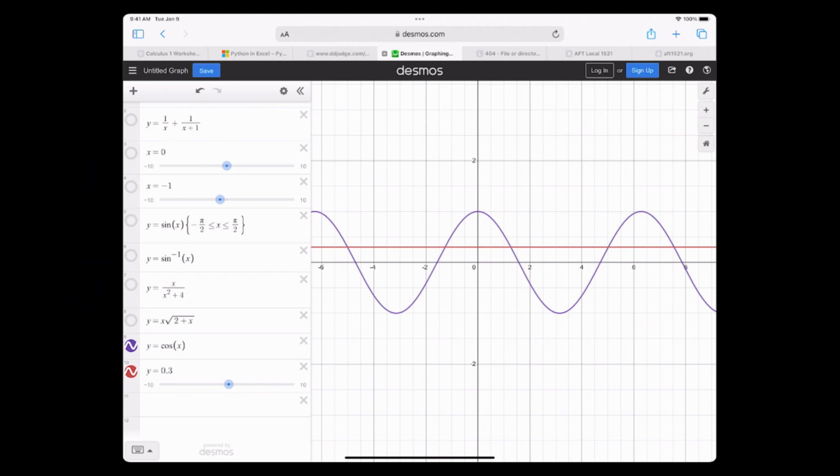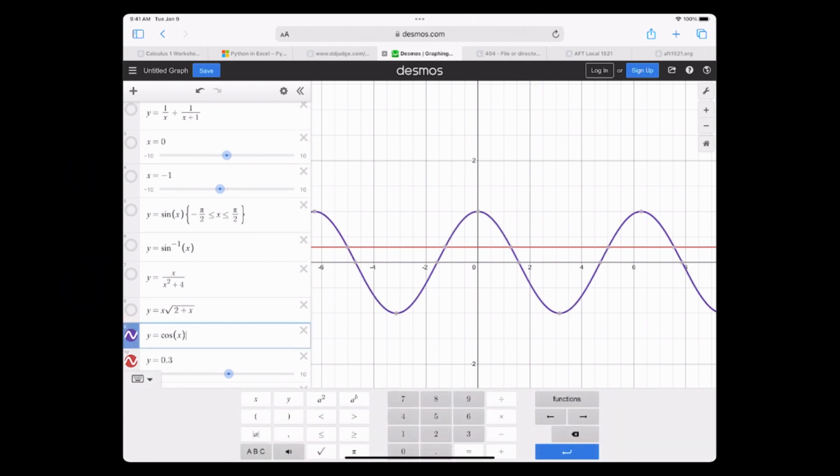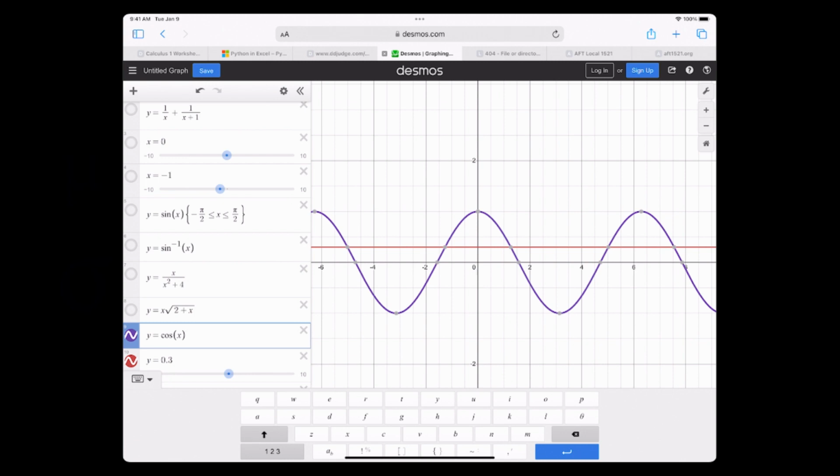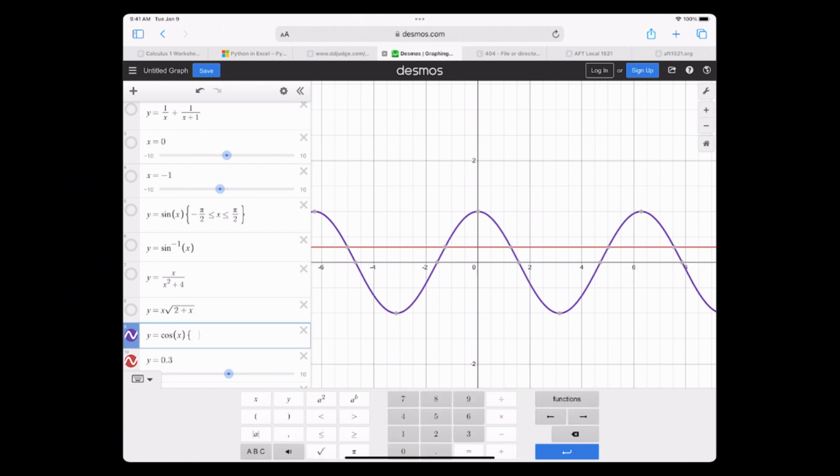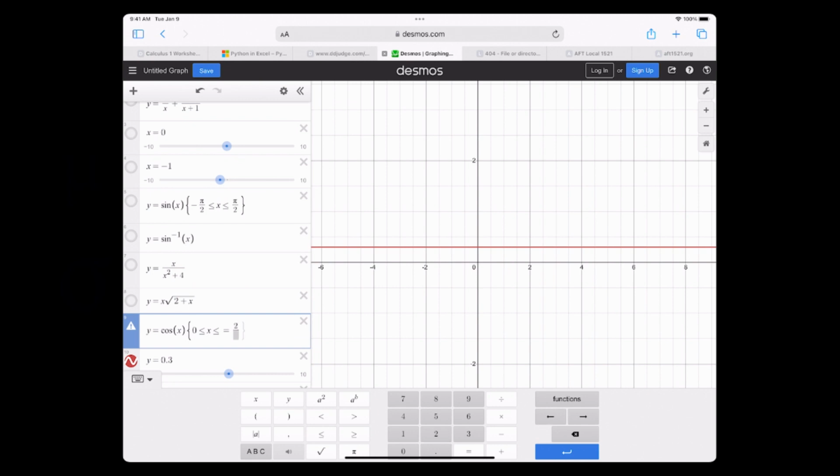But this time when you restrict your domain, ladies and gentlemen, you're going to restrict it this way. We have to restrict the domain to make it 1 to 1. So we're going to restrict it this way. 0 less than or equal to x less than or equal to pi over 2. Is that right?